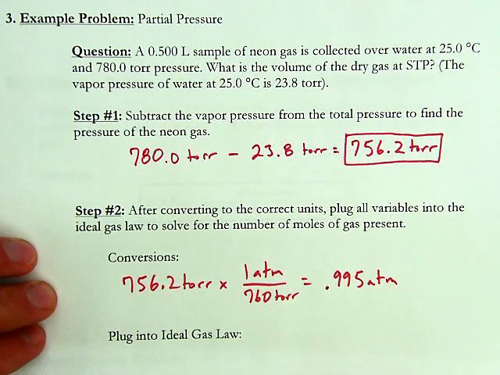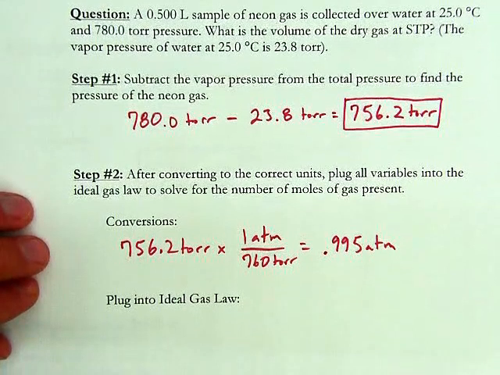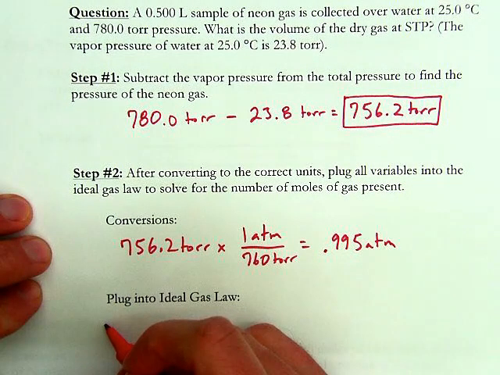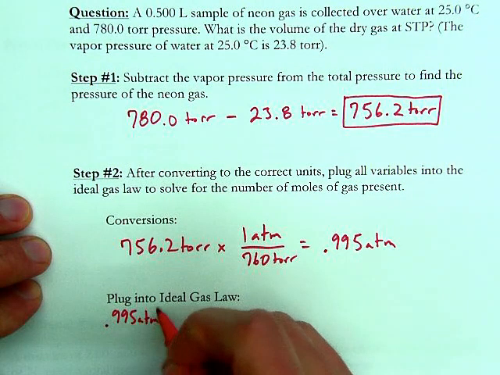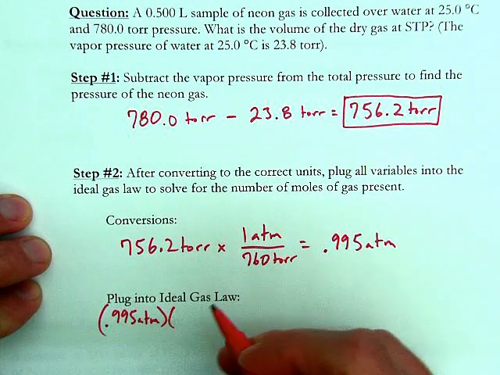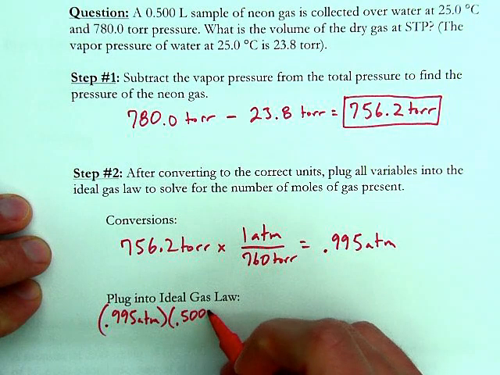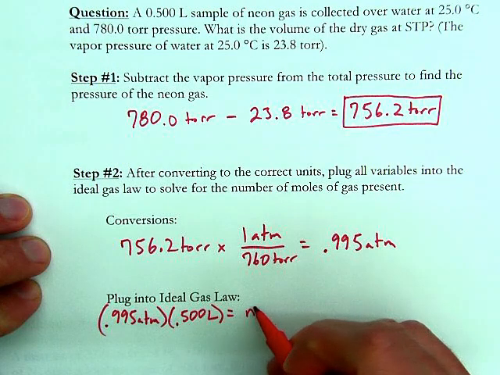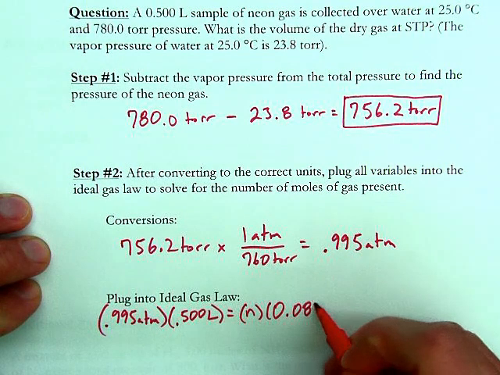So now we're going to plug everything into the ideal gas law. All right, so our pressure is 0.995 ATM. Our volume is 0.500 liters. N is what we don't know. R is the universal gas constant, 0.08206.